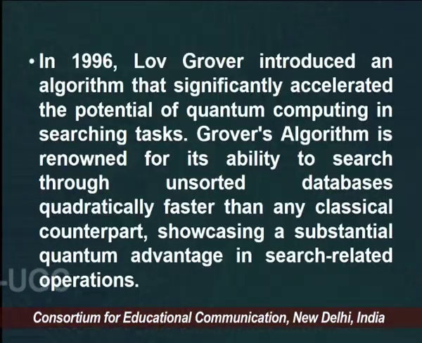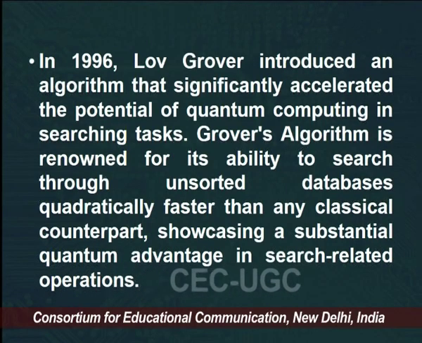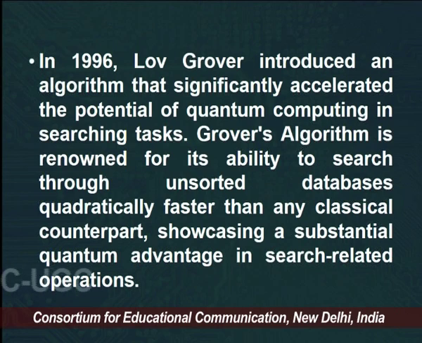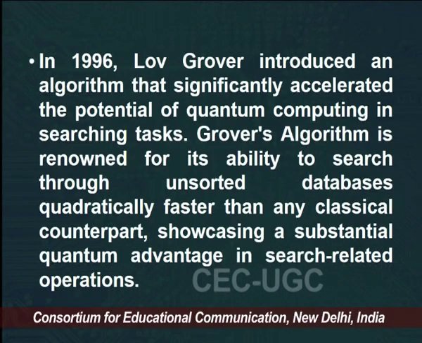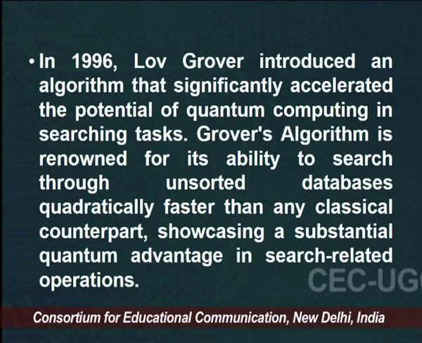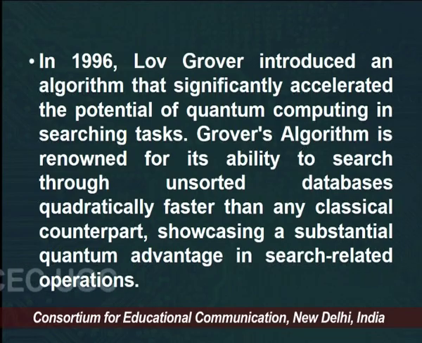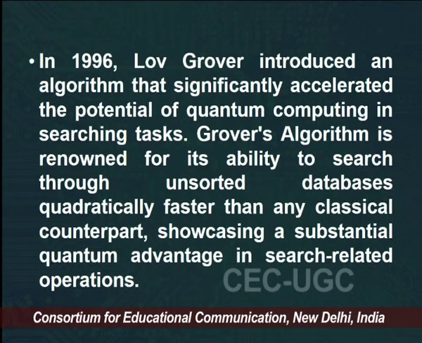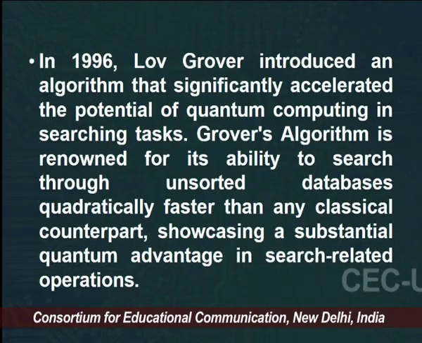In 1996, Lov Grover introduced an algorithm that significantly accelerated the potential of quantum computing in searching tasks. The Grover algorithm is renowned for its ability to search through an unsorted database quadratically faster than any classical counterpart.